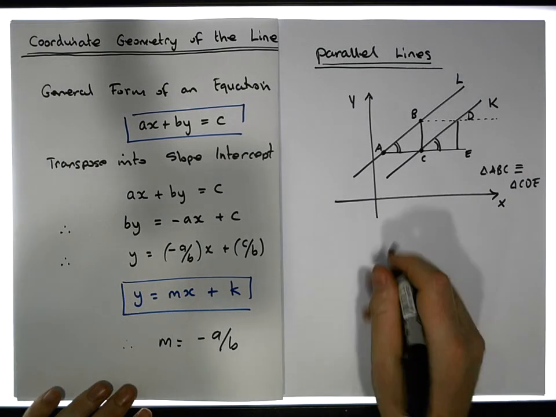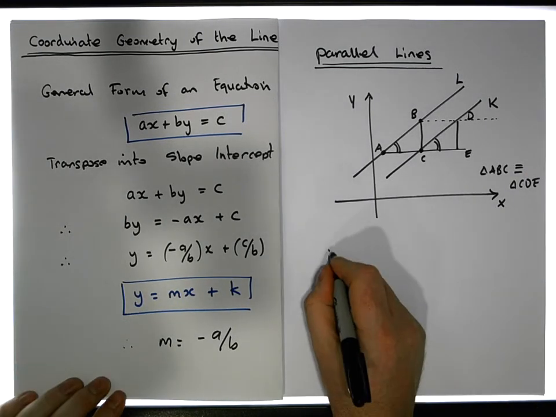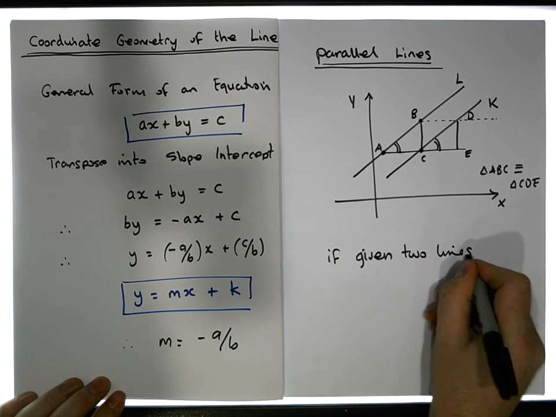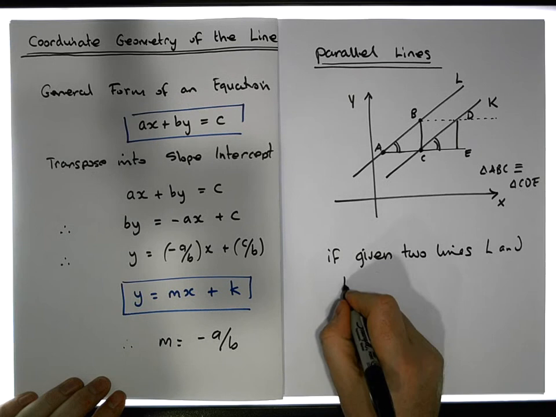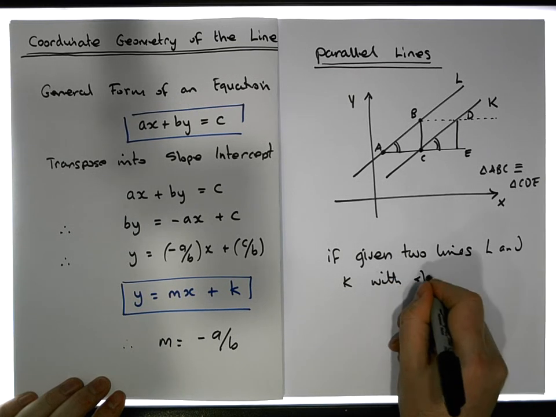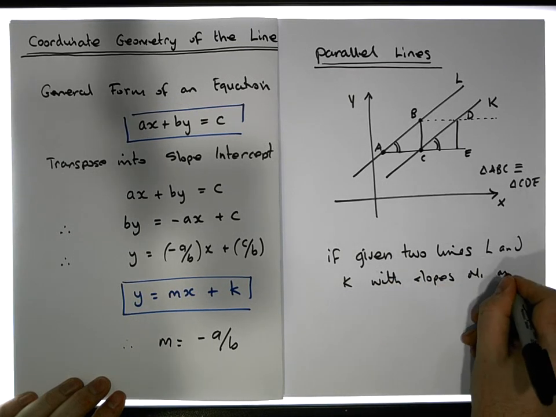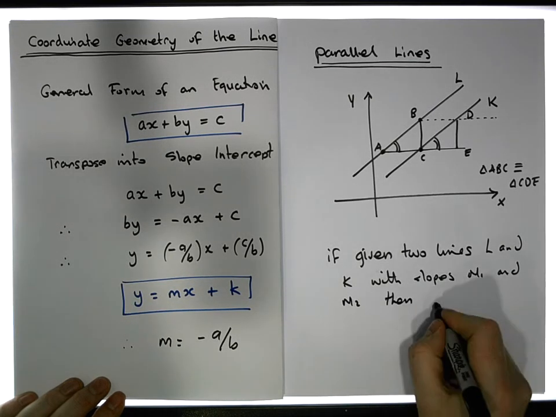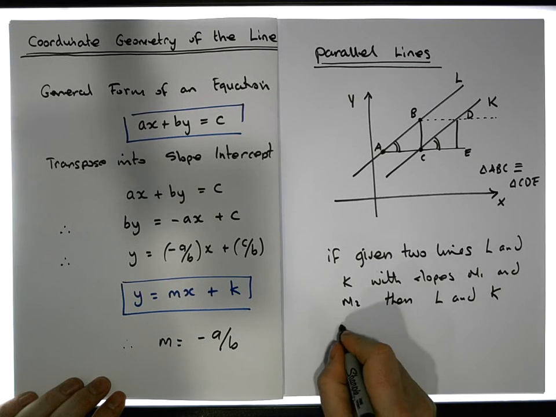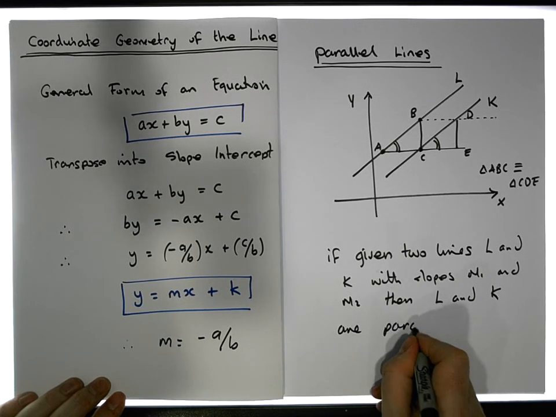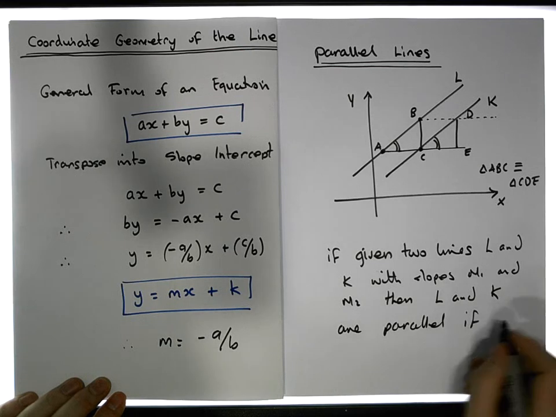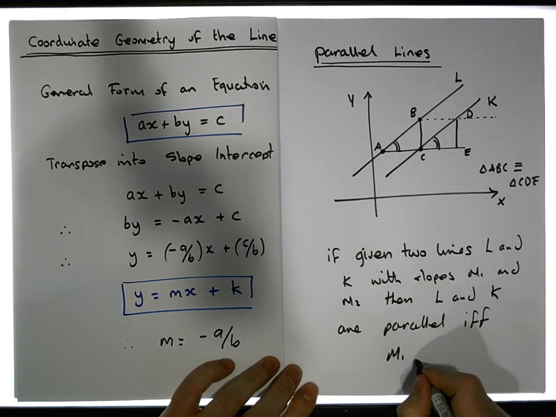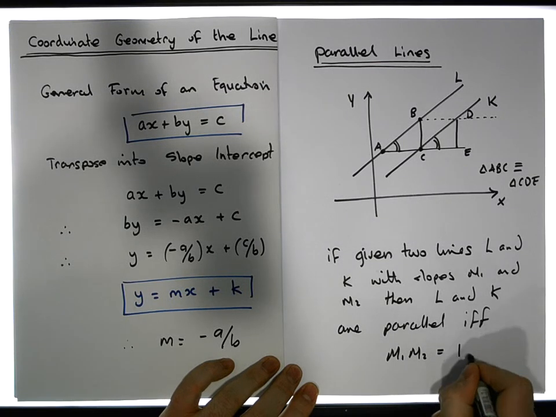Given two lines, let's say L and K, with slopes m1 and m2, then L and K are parallel if and only if m1 times m2 is equal to 1.